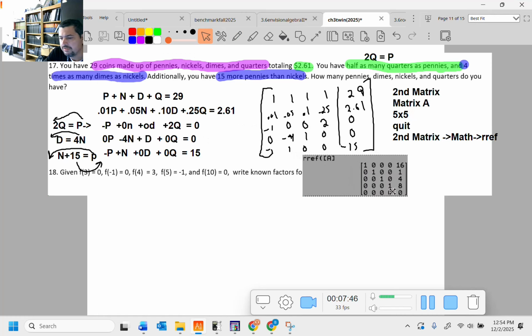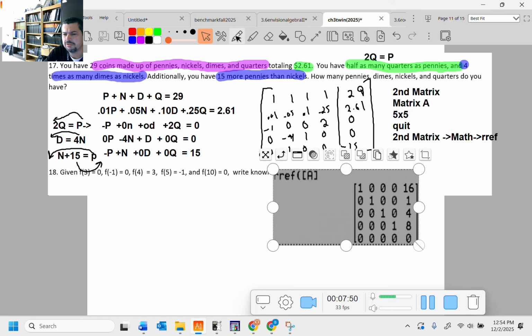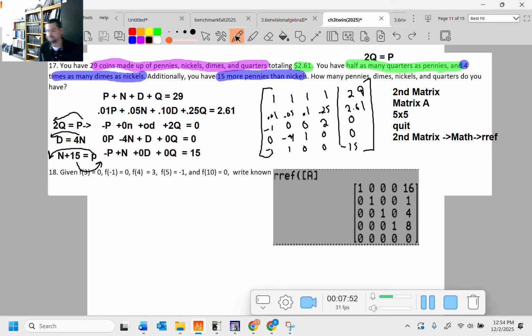All right, so now is the interpretation. Hopefully you guys remember how to interpret, but that's a big thing. We've got pennies, nickels, dimes, and quarters. This line literally says P equals 16, N equals 1, D equals 4, and Q equals 8.